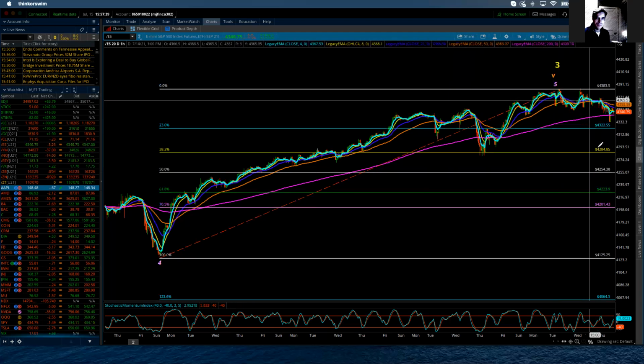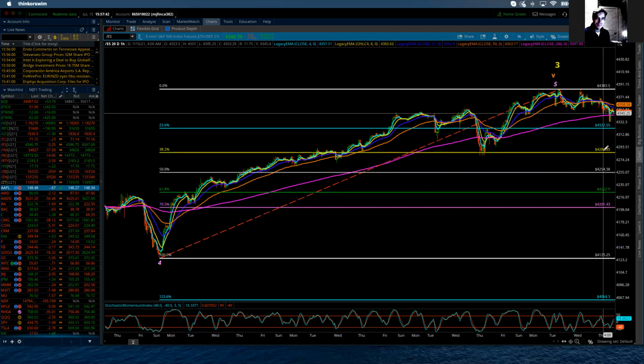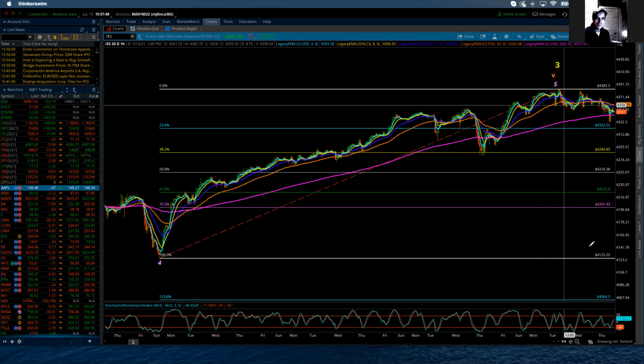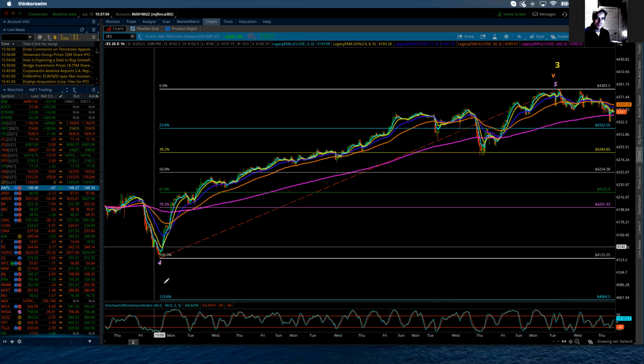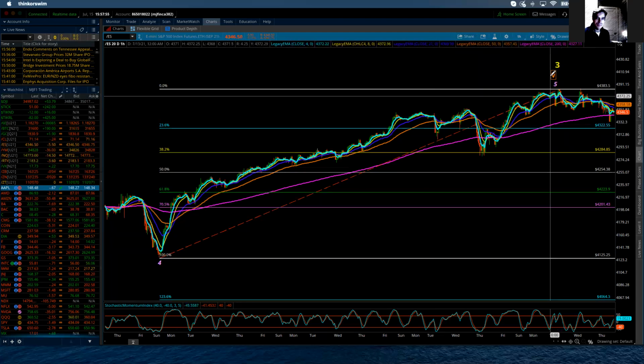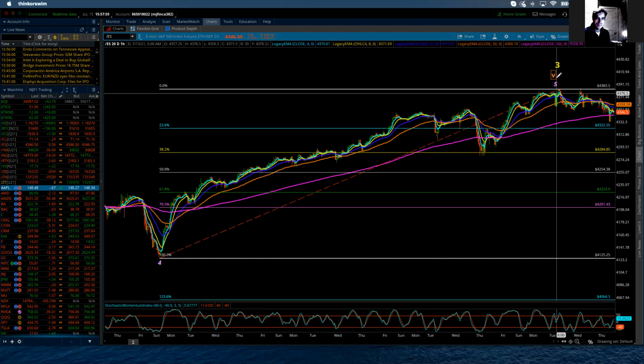We've definitely been looking for 4,285, 4,255, 4,225. Those are pretty easy areas. And if we went down to 4,125, we'd be into that fourth wave of one lesser degree from here, in that minor 4.